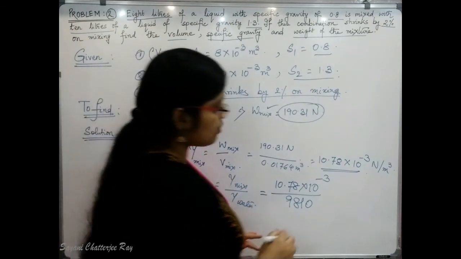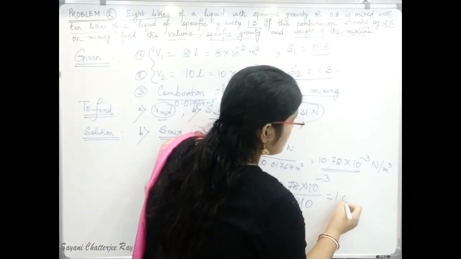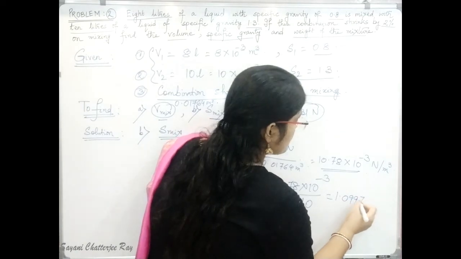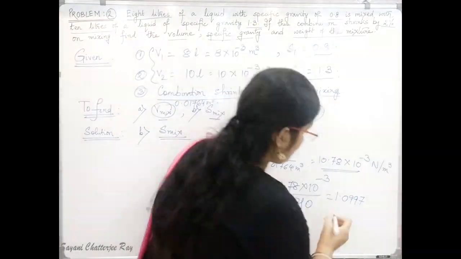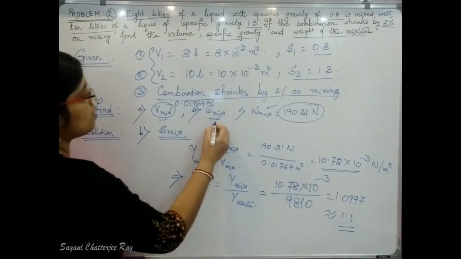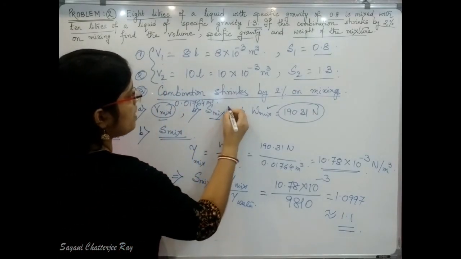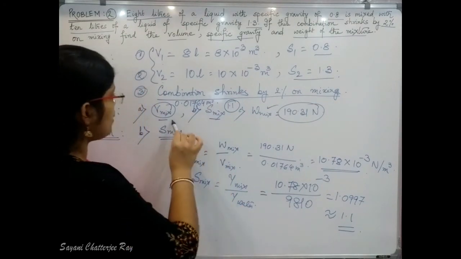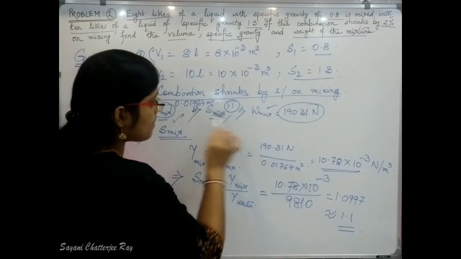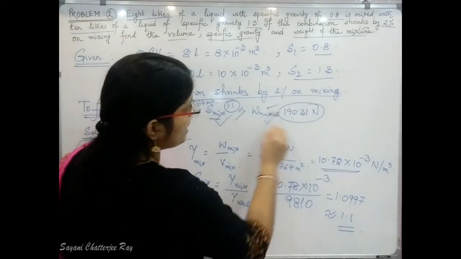So it comes out to be 1.0997. So approximately it comes out to be 1.1. So S mix comes out to be 1.1. So we have calculated the volume of the mix, the specific gravity of the mix, as well as the weight of the mix.